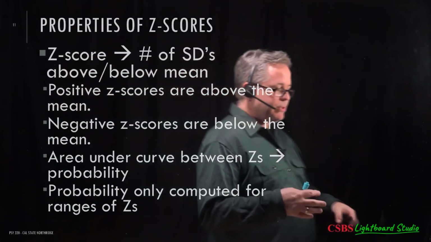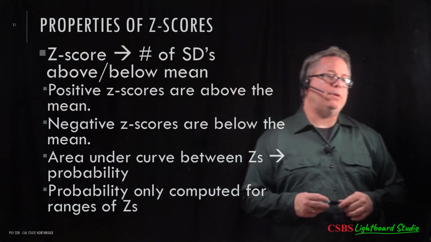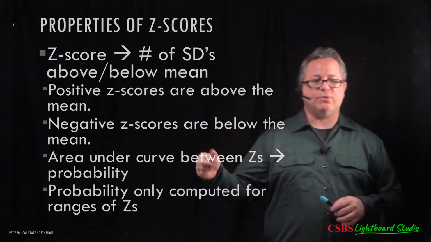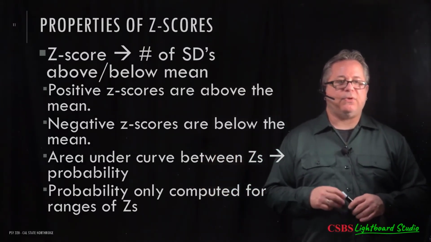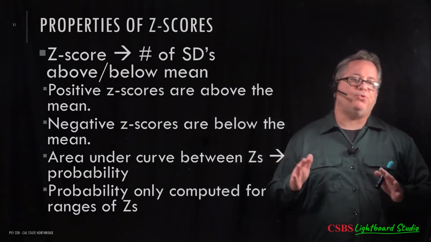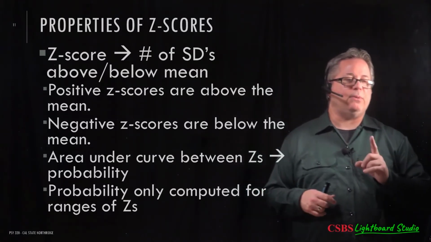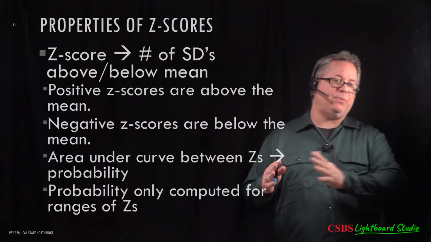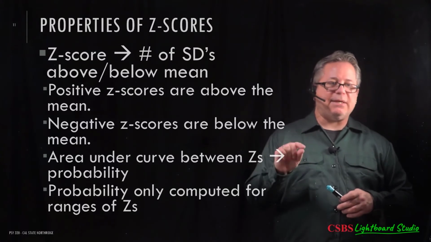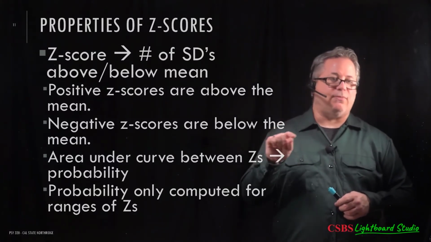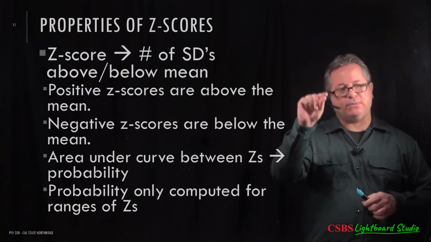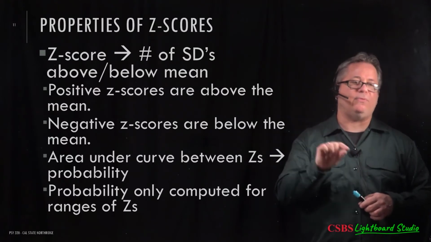So, properties of z-scores, just to reiterate: the z-score tells you the number of standard deviations you are above or below the mean. Positive z-scores are above, negative z-scores are below. Then we can start to think about the area under the curve for values between two z-scores. We can't really do it for any particular z-score because it's a continuously scored scale. The actual density or probability for any particular number, like 1.47592, is going to be super, super small, because it's the probability of a very specific, small, continuous value.